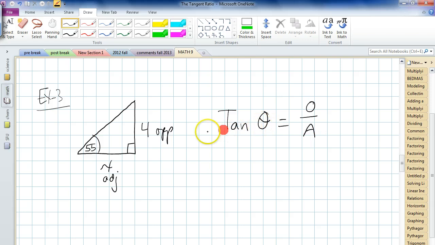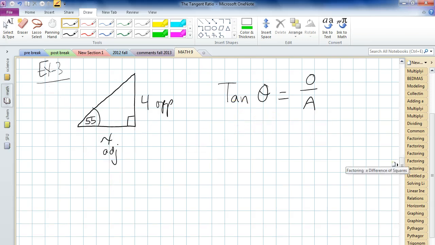Tan theta is this. That's the unknown angle, which we have here. So there's our formula. We're going to sub in 55 for the theta. Tan 55 is equal to the opposite, which is 4, and the adjacent, which is unknown, x. We're trying to find that.